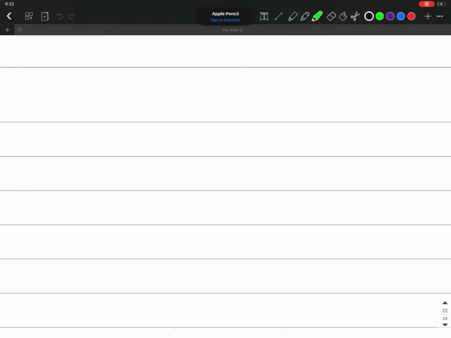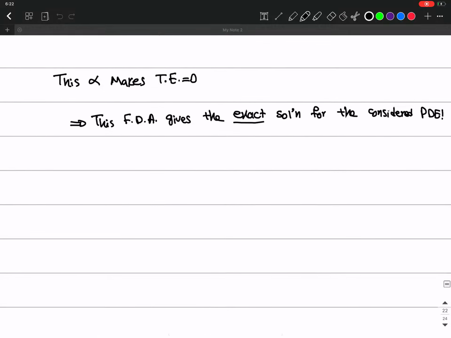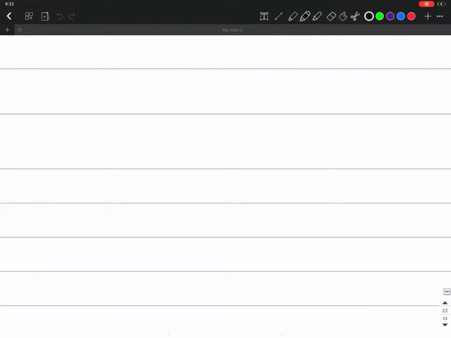Hello everyone. Today we are going to talk about time marching methods. So far, what we have talked about is mostly finding the finite difference approximation for spatial discretization.